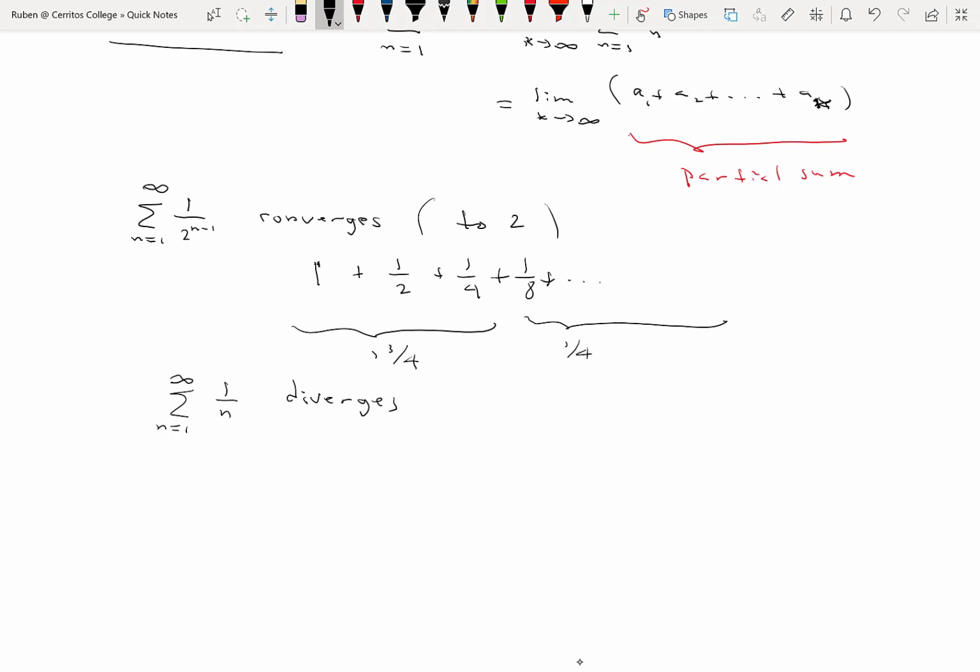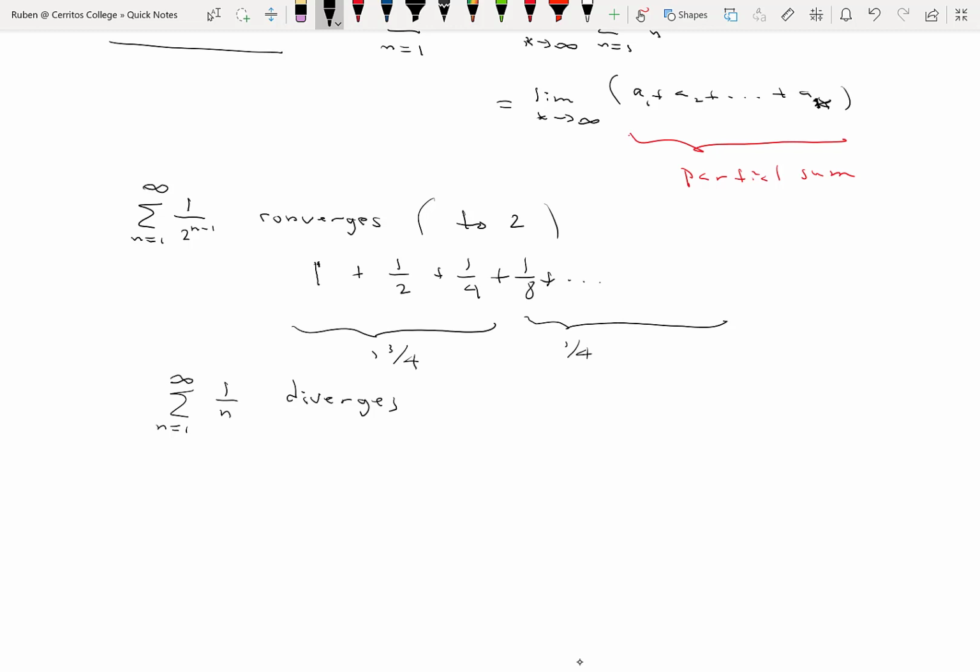To diverge, a series need not approach infinity. To diverge simply means to not converge. Convergence means the sum approaches a constant, finite number. To diverge simply means the series doesn't approach a finite number.